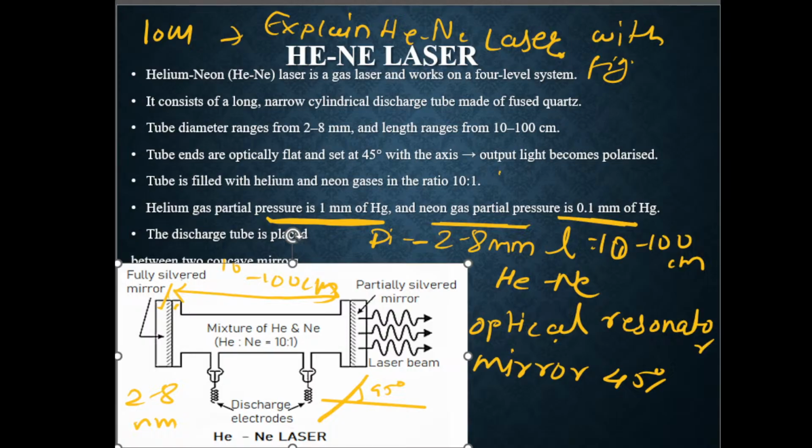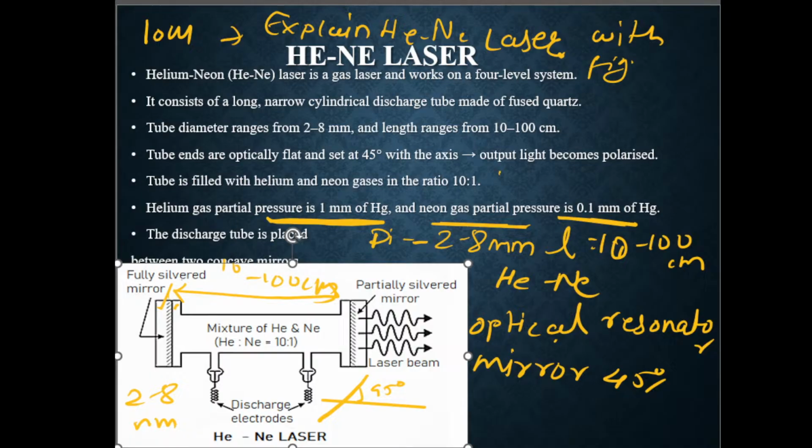Okay. So you understand what you have to write first: the tube, the dimensions of the tube like diameter and length. Then you have to write about the mixture used as the material, that is the helium and neon with the ratio of 10:1. And the last thing that we have to discuss in this point is the optical resonator, or the mirrors.